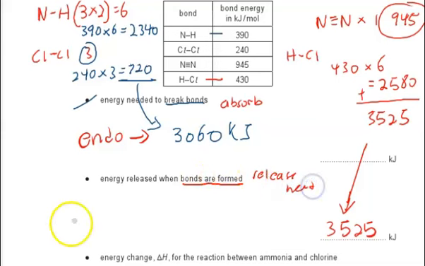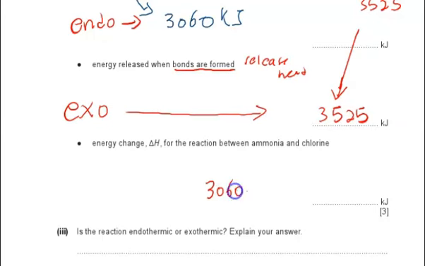So we take the first one and minus with the exo. Always your equation must be endo minus exo. When you subtract this, you will be getting minus 465 kilojoule. It is 3 marks for this question.